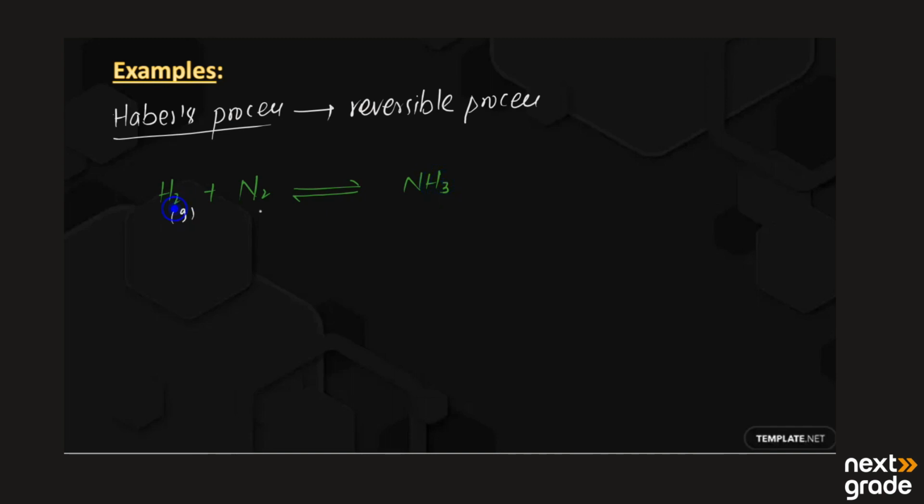These are in the gas phase, and by balancing we have 3 and 2. When hydrogen and nitrogen combine, this reaction is the forward reaction. Now this ammonia can also decompose and change into hydrogen and nitrogen.